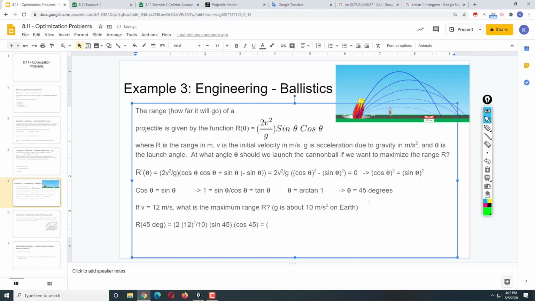That's equal to 12 squared is 144, times 2 is 288, divided by 10 is 28.8. Each of these is the square root of 2, that's true for sine 45 and cosine 45. So it's really 28.8 times, oh, sorry, not the square root of 2, but square root of 1/2. So this is really 28.8 times 1/2, which is 14.4 meters.